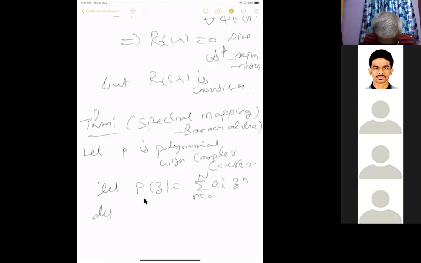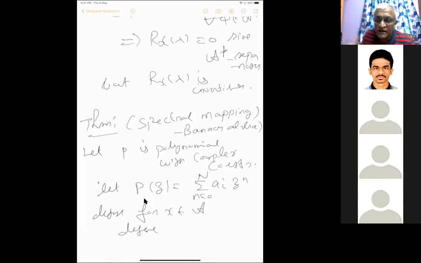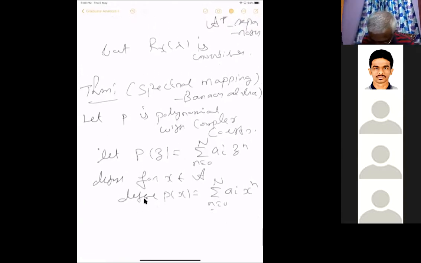Then define p(x) for x in A. If you have any element x, then you can talk about x^n, so you can define p(x) equal to the summation n equal to 0 to N of a_n x^n. This is also an element in A.